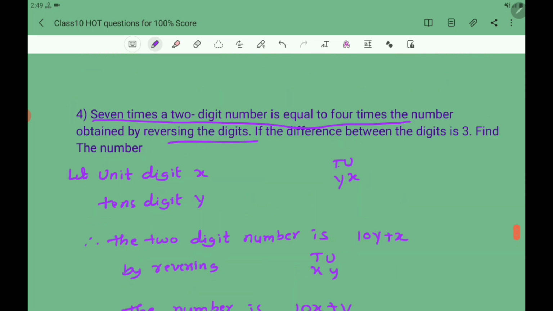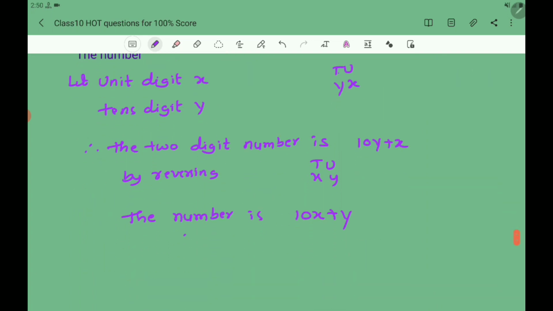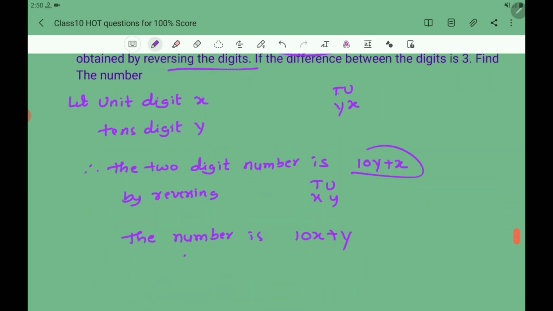And 7 times the first number equals 4 times the second number. Here the first number is 10y plus x, and the second number is obtained by reversing the digits of the first number.